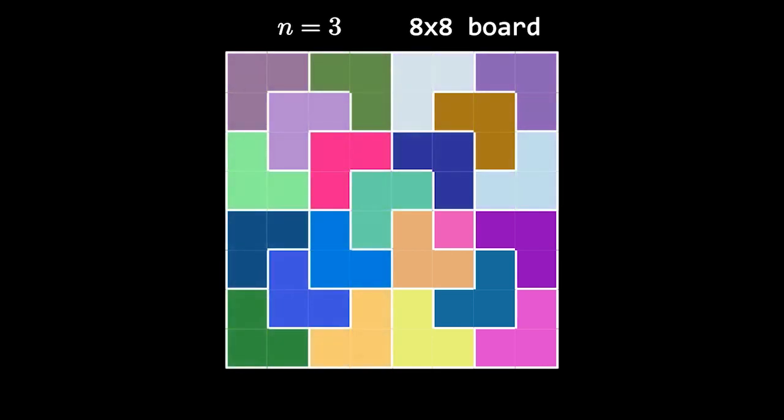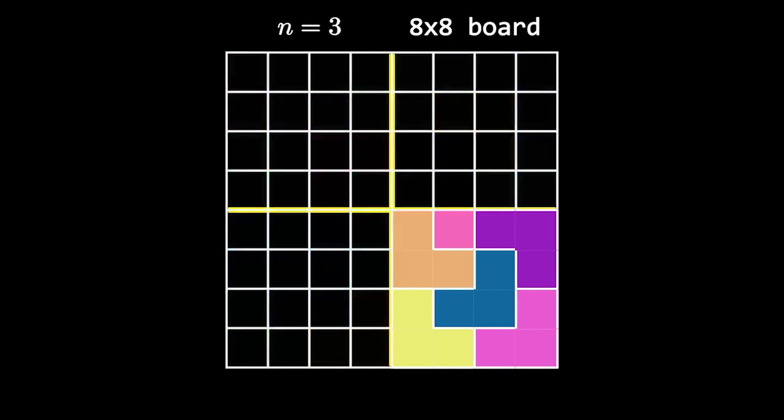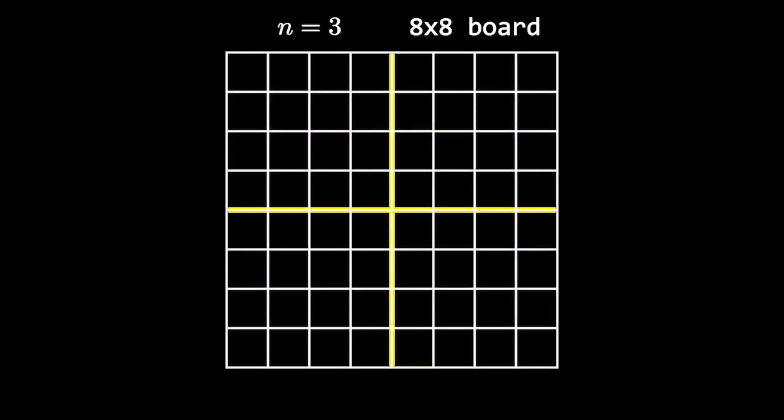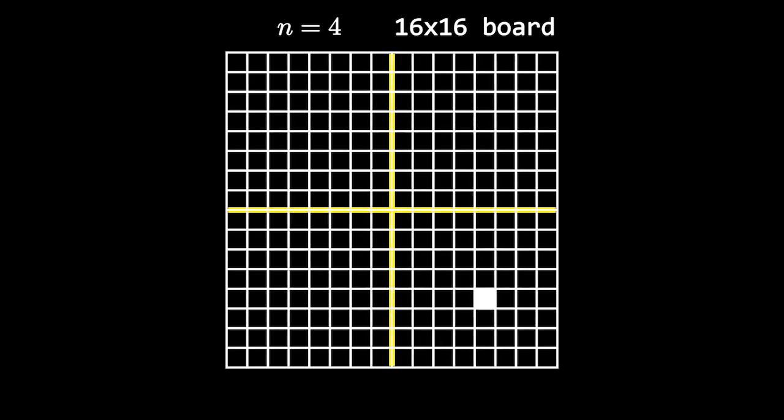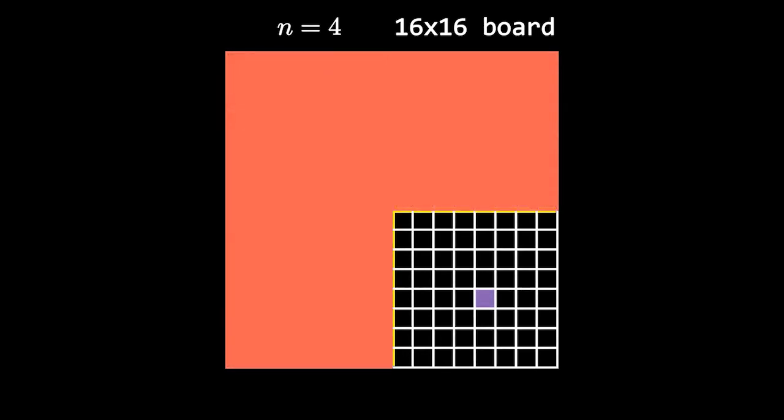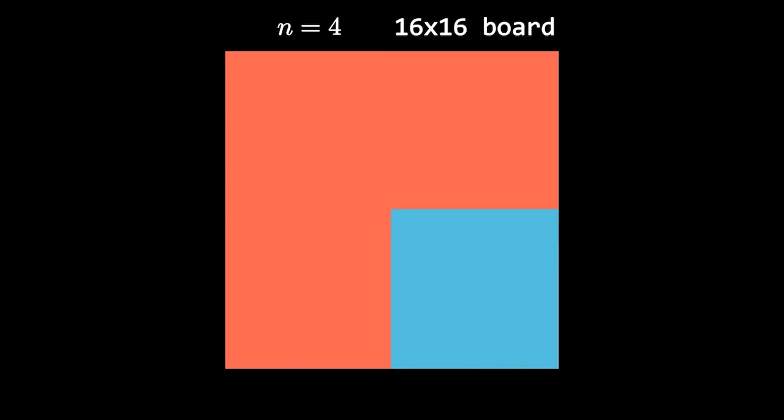And with this, we finished the problem. And now, do you have enough information to tile n equals 4? Here's an example animation for n equals 4.